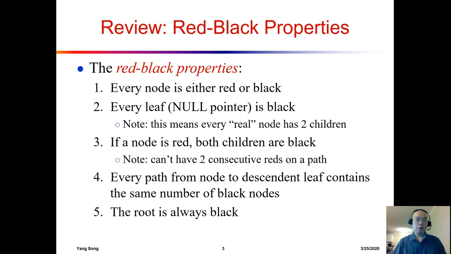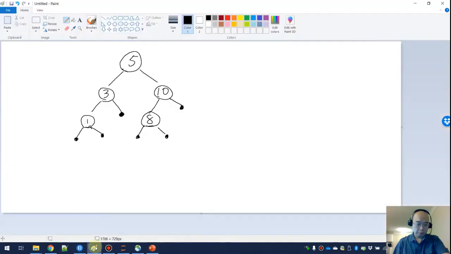Well, property number 2 says all the null pointers are black, right? So for example, if 8 is red, and then both of the children are black, that is true.